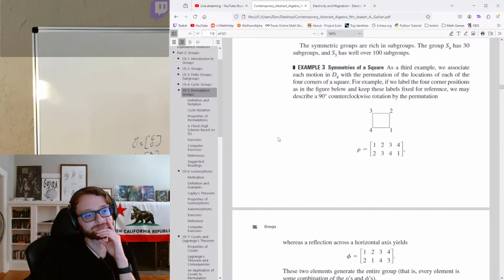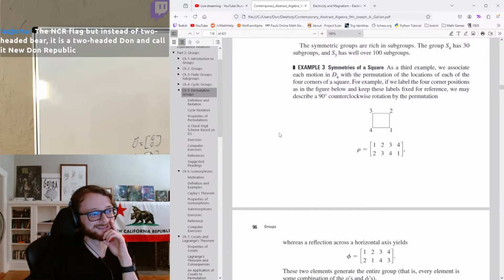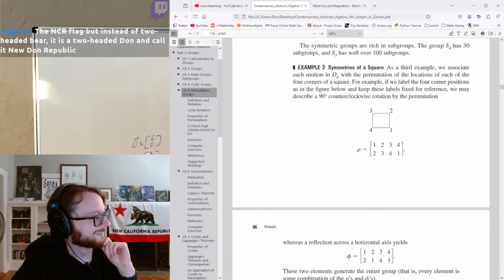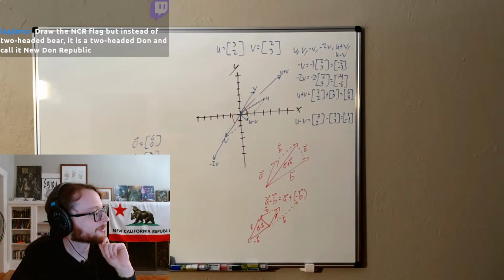What's that? Oh god. If you redeem it, I'll try it. All right. I think I've been asked to draw the flag itself before, but this is a more creative version of it.